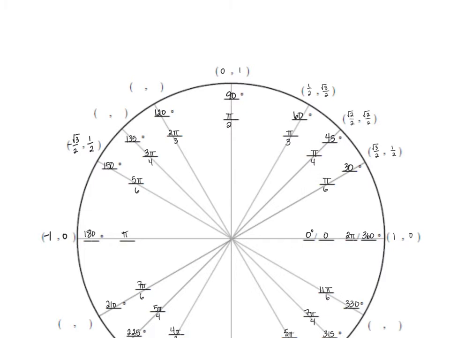All my y's are positive here. So my 45 is going to be exactly the same. It's going to come over here, except it's going to be negative square root of 2 over 2, positive square root of 2 over 2. The 60-degree family is going to reflect right across to be negative 1/2 and square root of 3 over 2.